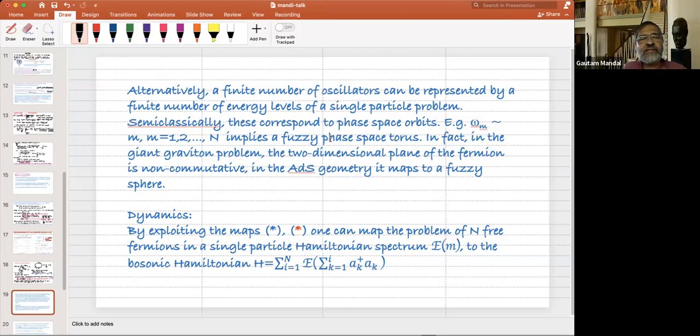And in fact, in the giant graviton problem, this fuzzy torus in the AdS geometry maps to a fuzzy sphere. So this is some story which is easy, but I don't have time to go into that. The dynamics is a little harder: what is the Hamiltonian in terms of the bosonic variables? But it can be explicitly done, and we have done that.